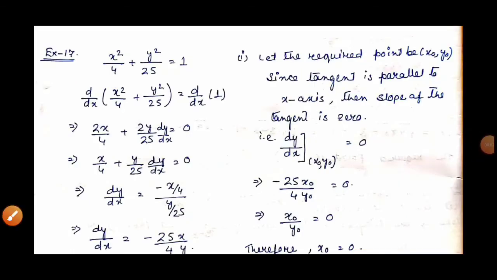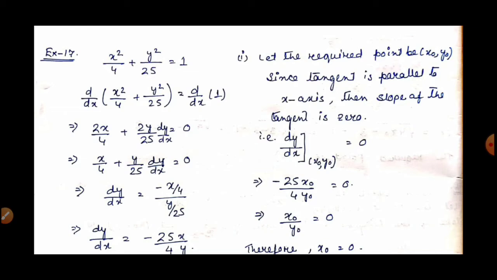Example 17. Find the points on the curve x square by 4 plus y square by 25 is equal to 1 at which the tangents are parallel to x-axis and parallel to y-axis. So the given curve is x square by 4 plus y square by 25 is equal to 1.